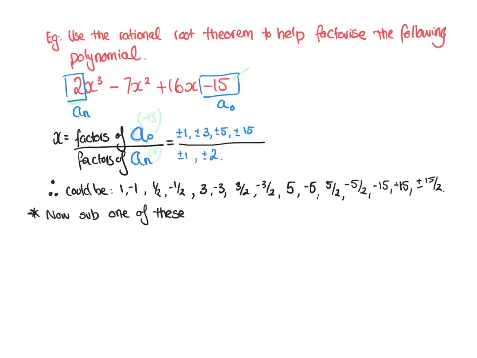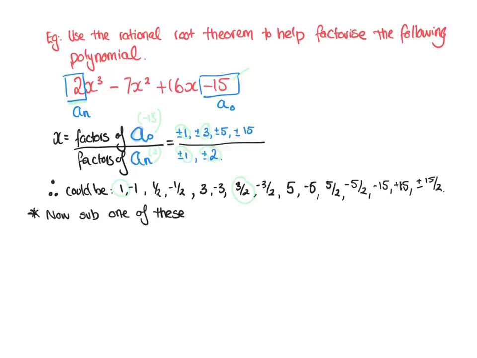So technically a possible solution could be any of these. For example, for 1, we would have taken plus 1 over plus 1 and got 1. With the factor of 3 over 2, we took the factor of 3 from the 15 and a positive 2 from the 2 coefficient.